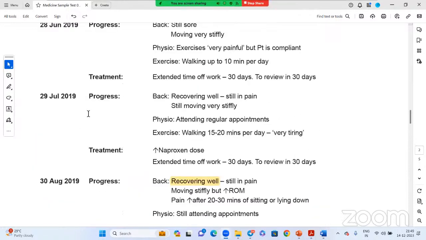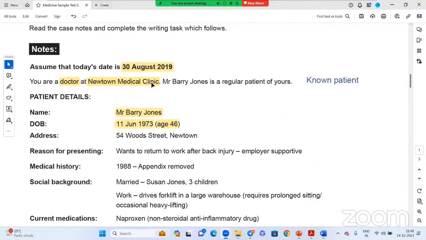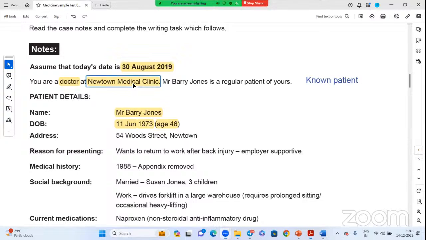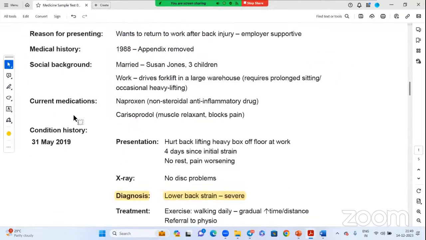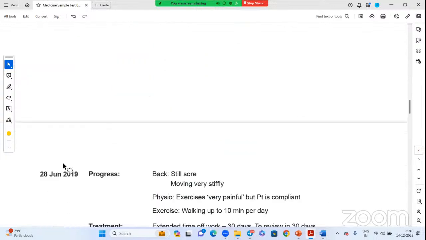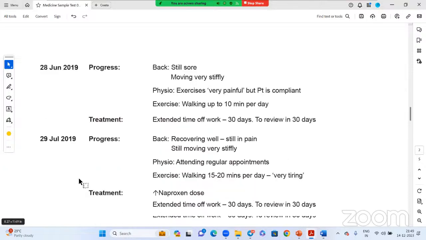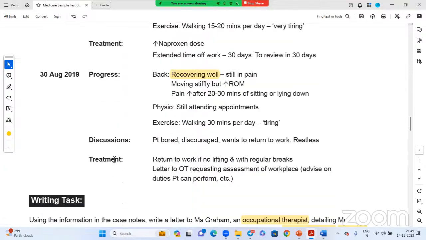Actually, here, this is what's the place? Newtown Medical Clinic. So this is a visit. 31 May 2019, 28 June 2019, 29 June 2019, 30 August 2019. So there are multiple visits.